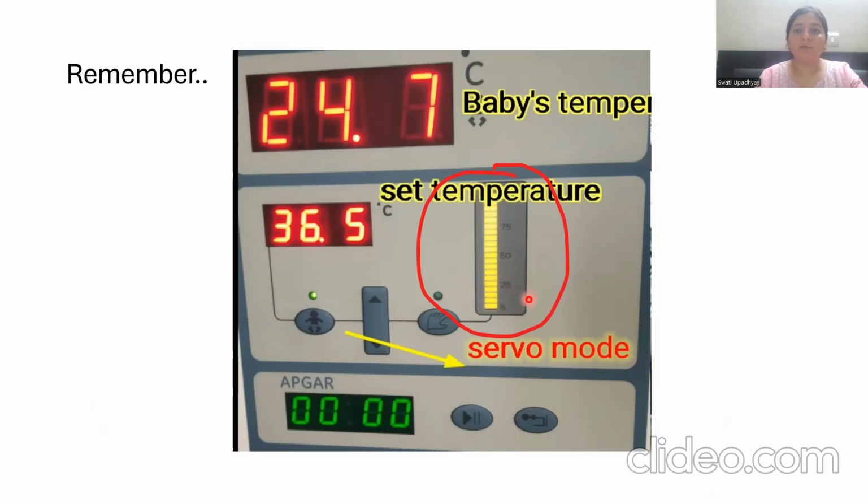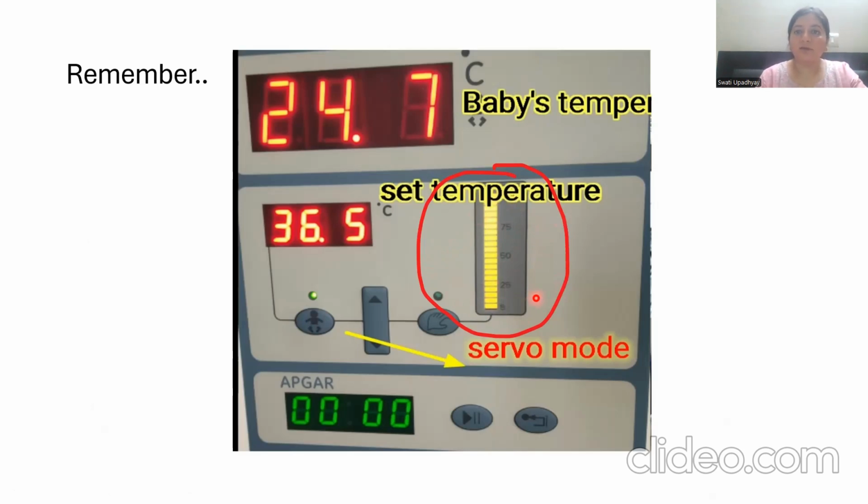However, if a baby is requiring progressively higher heater output, so for example, you saw a baby at 3 p.m., the heater output was 25%, at 6 p.m., it became 50%, after 6 hours, it became 75%. That means this baby is progressively requiring more amount of heat to maintain its body temperature. So this is thermal instability.